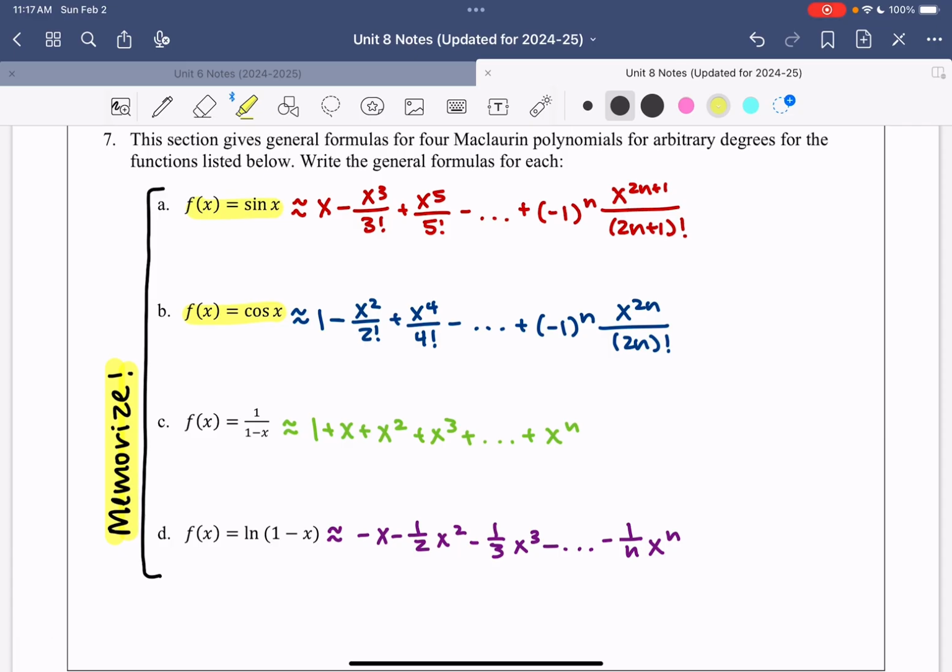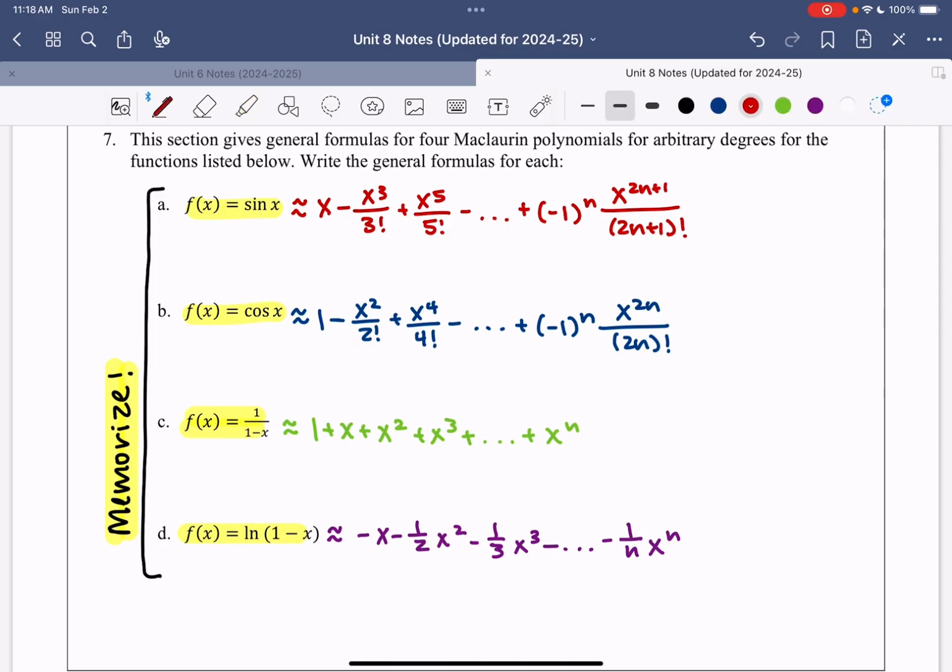Another one is the Maclaurin polynomial expansion for 1 over 1 minus x, and then the other one is natural log of 1 minus x, okay? So these four general formulas need to be memorized, okay? I've mentioned before that we're going to have a memorization quiz, so that's something coming up. These are 4 of the 5 Maclaurin polynomials that you're going to have memorized.